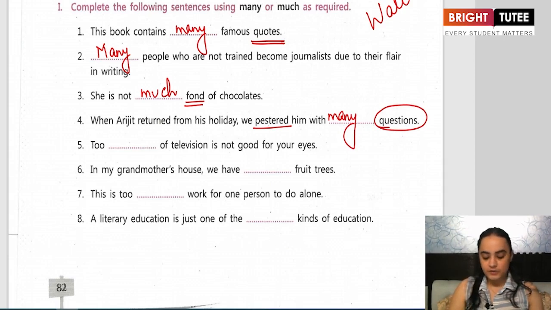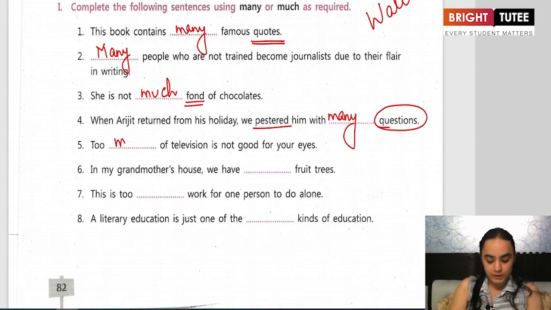Too dash of television is not good for your eyes. From the sentence it is clear that I am talking about the viewing of television. Spending a lot of time on television is not good for the eyes. So here we are talking about time. We know time is singular and does not have a plural form.